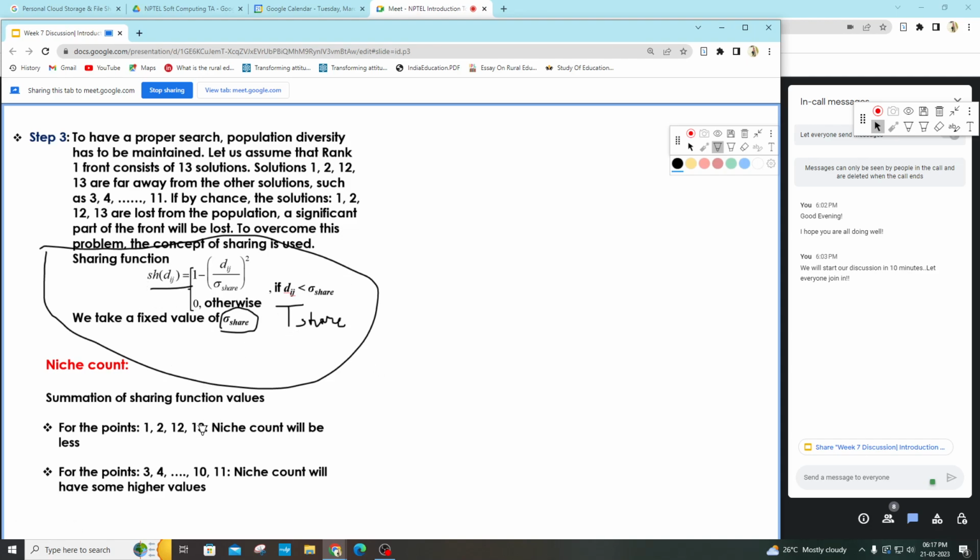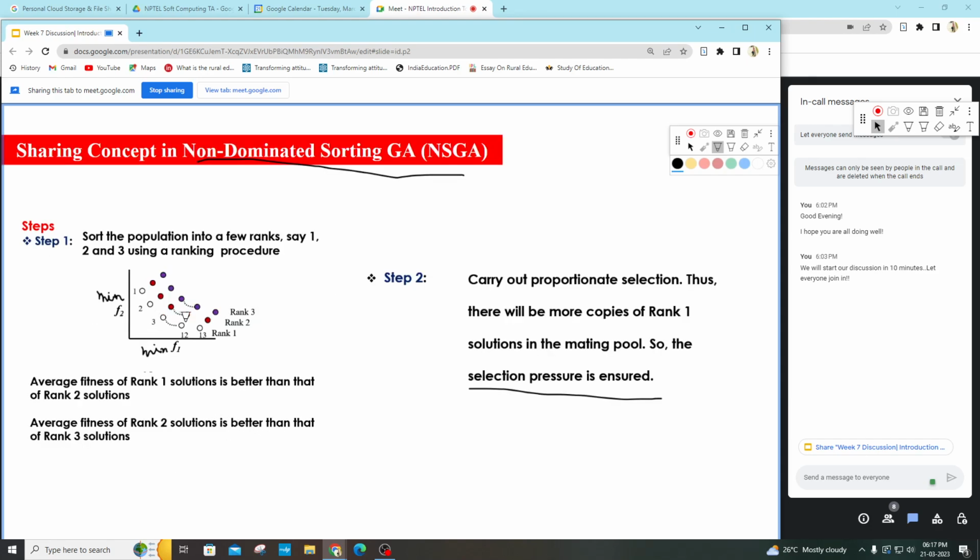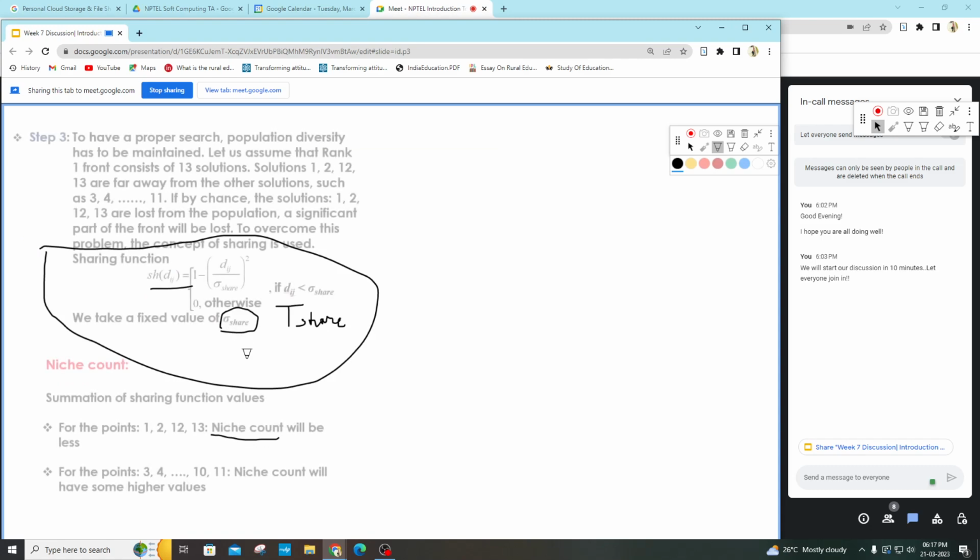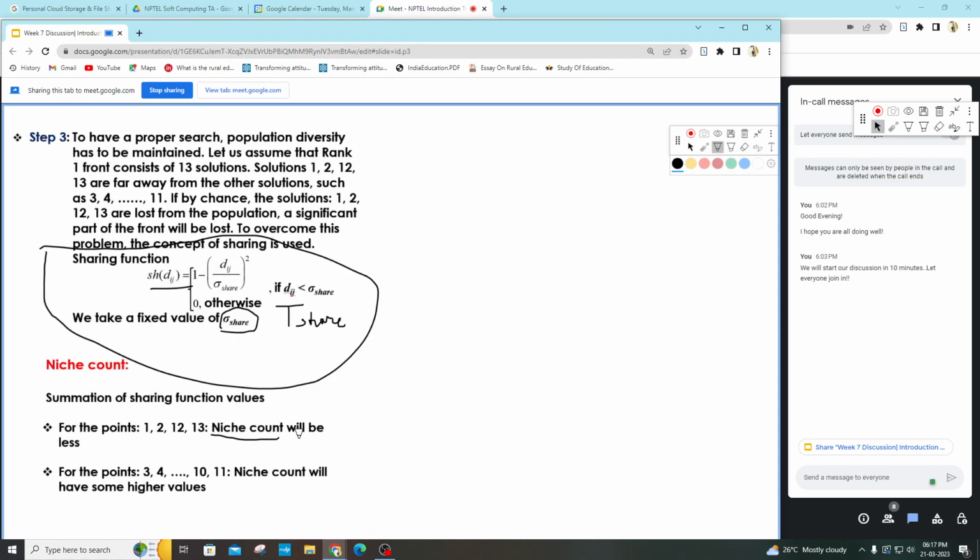Because we have to calculate a thing called niche count. For points which are far away, the niche count will be less, and for points which are very close to each other, the niche count will have a higher value. Niche count is like how many neighbors are surrounding that point.